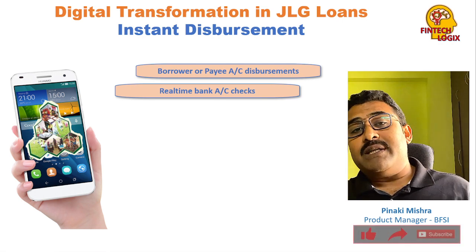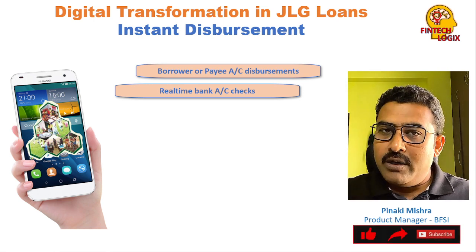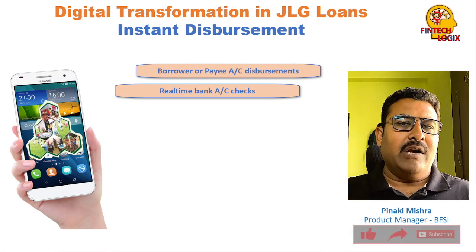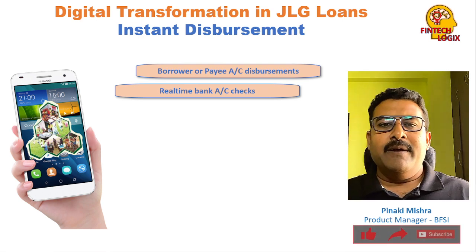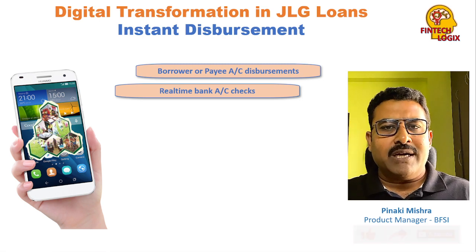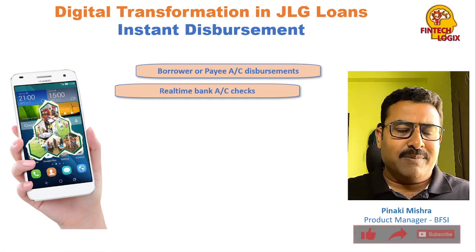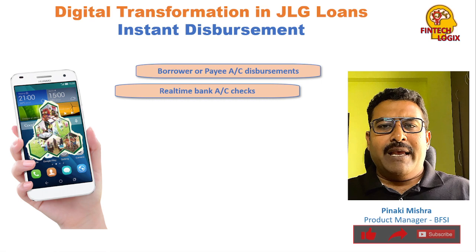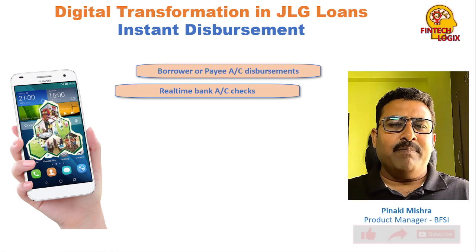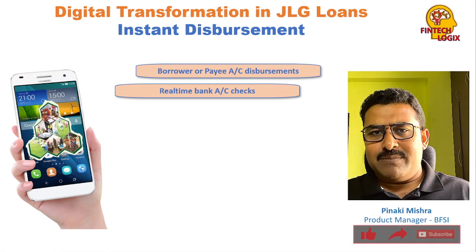Now payee accounts, if we want to have a disbursement control, I'll talk about disbursement control function in another video, but right now, just for simplicity, understand that the amounts can be disbursed either to borrower's account or to any other payee's account for the disbursement. Now any number of accounts can be given at the time of appraisal, and any of that account can be used at the time of disbursement.